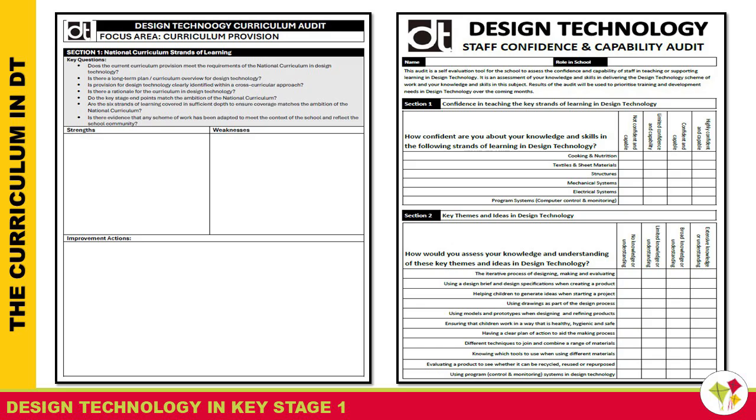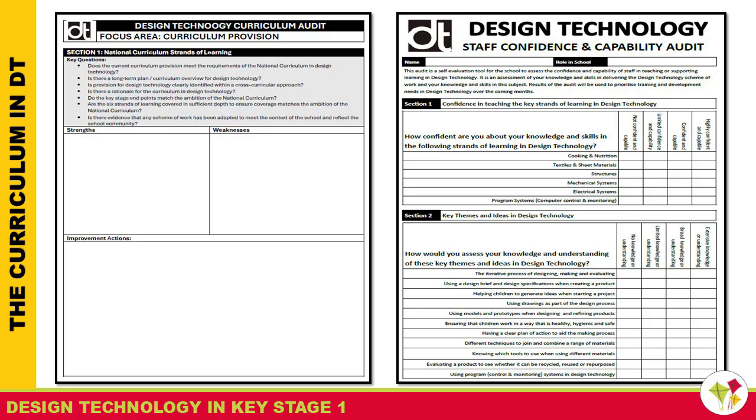The second audit focuses on staff confidence and capability in the subject. This is a questionnaire for teaching and learning staff to complete that focuses on their confidence, knowledge and skills in teaching key areas of the subject, their understanding about key themes linked to disciplinary knowledge of designing, making and evaluating, their subject knowledge of techniques linked to the 6 strands of learning in the design technology curriculum and other areas such as health and safety and drawing techniques.